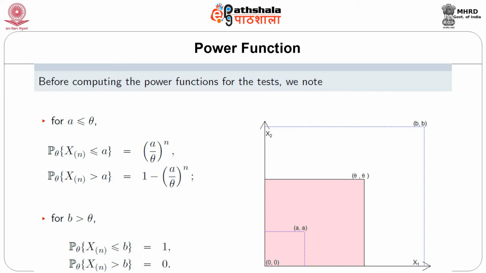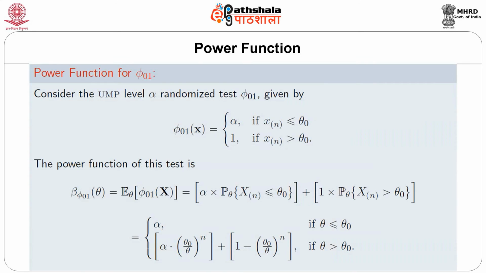So the probability that x n is less than or equal to b is the probability of less than or equal to theta union x n lies between theta and b, and that part is 0. So definitely this probability is 1, and the probability that x order n is greater than b is definitely 0.